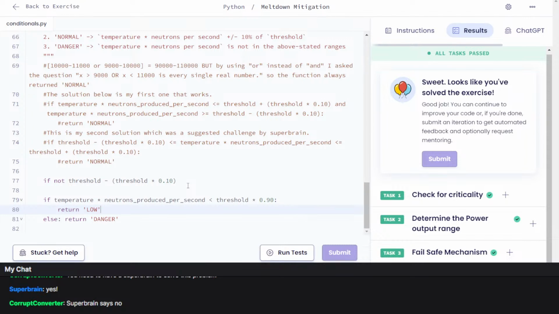This is the lower bound, so to be lower than this, it has to be lower. Wait. Lower than this. Then we of course need the temperature. Super Brain says yes. Corrupt Converter always says that.